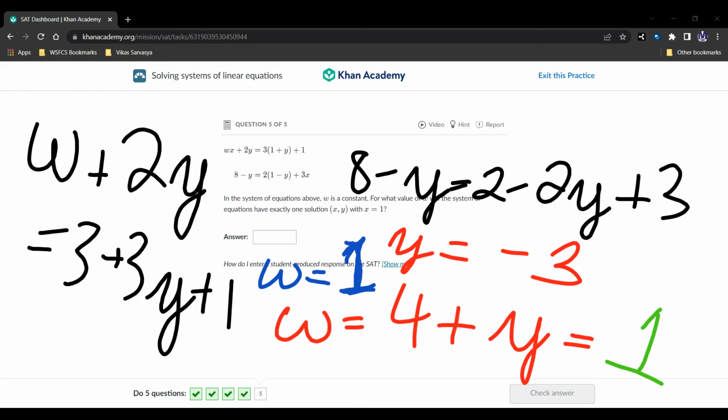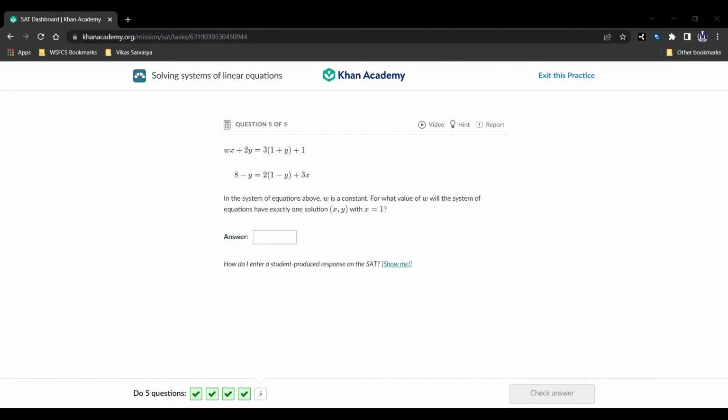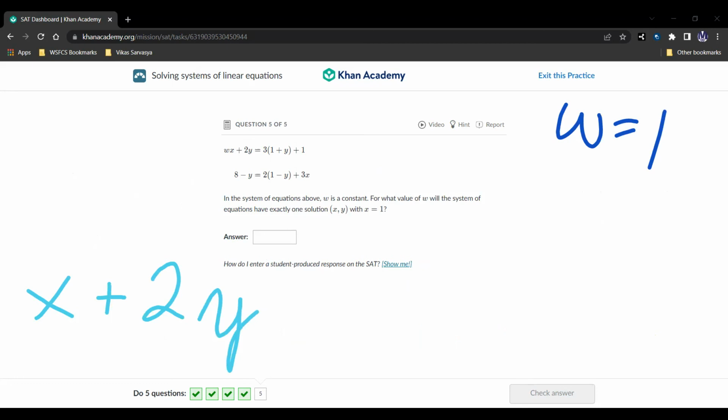So if I plug in w equals 1, let's clear all this. w equals 1. And let's think about this equation. We get x plus 2y equals the 4 plus 3y. So basically, x equals the 4 plus y.